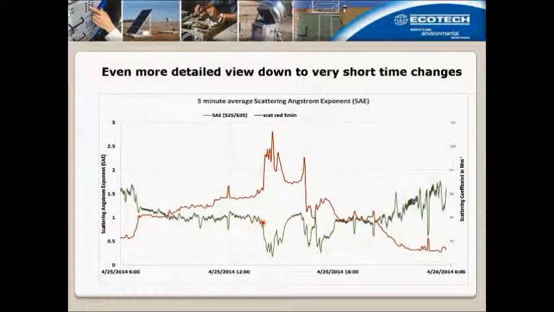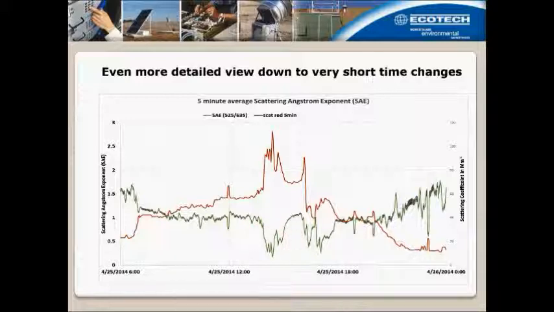In that episode here, you have very high or higher concentration levels, and the angstrom exponent drops considerably, which you can see in the peaks is even correlated with drops in the angstrom exponent. So now the question is, where is it coming from? What is it? As we already know, it's bigger particles because the angstrom exponent drops down.